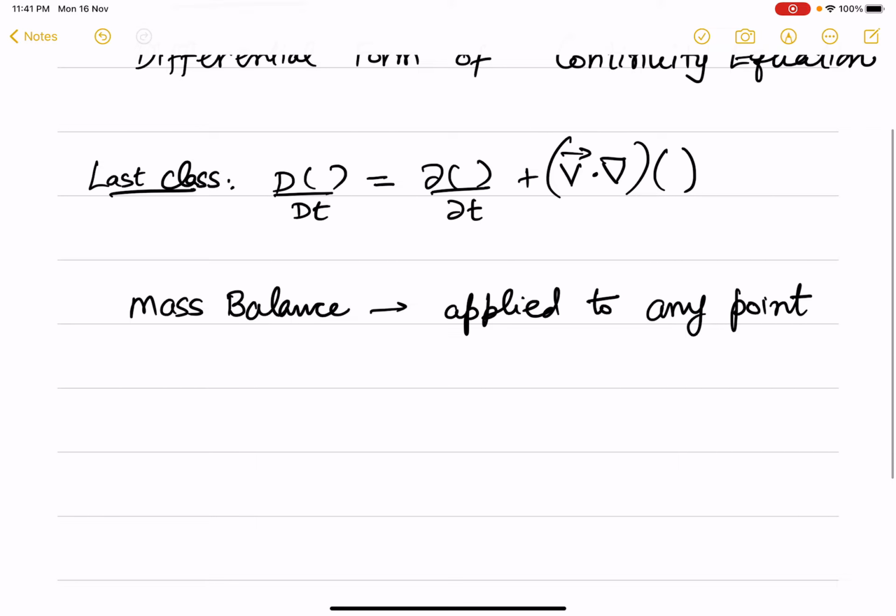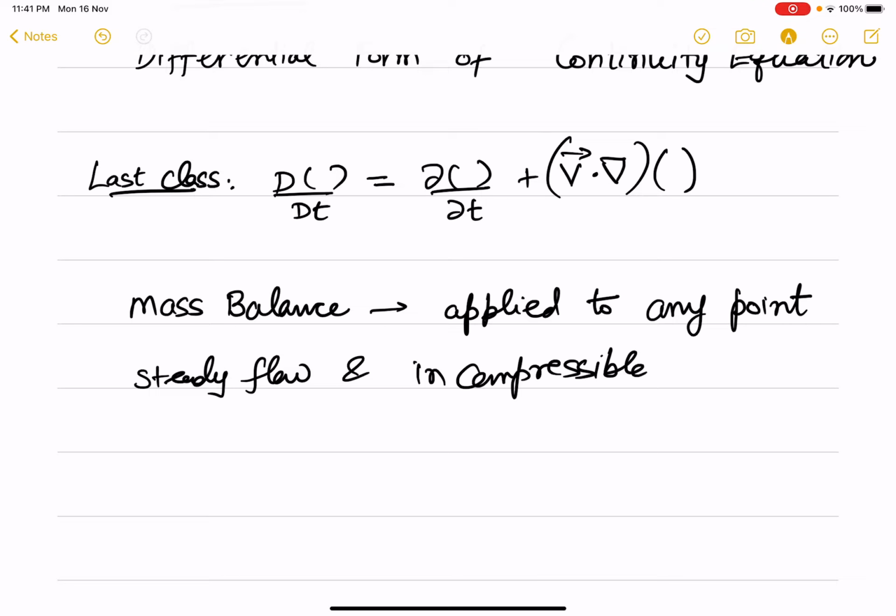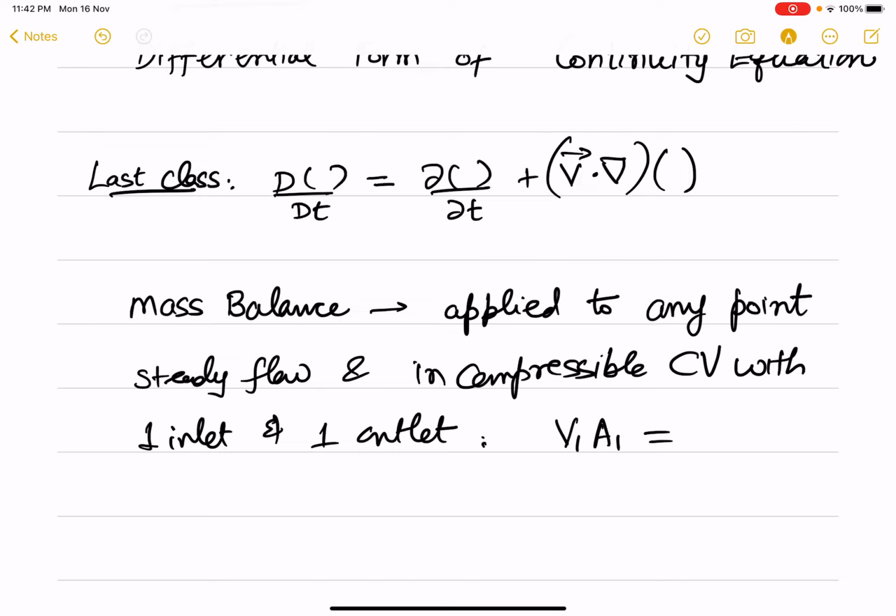So far we have seen and we have applied mass balance to control volumes, and what we saw was that for steady, incompressible flow through a control volume with one inlet and one outlet, we got the mass balance in the form V1A1 is equal to V2A2.